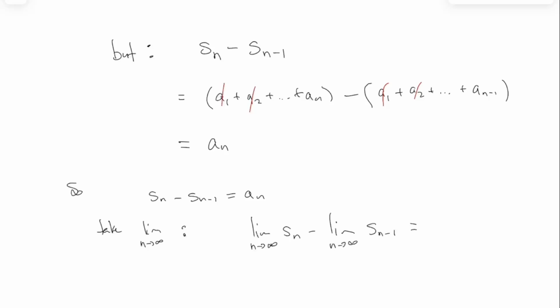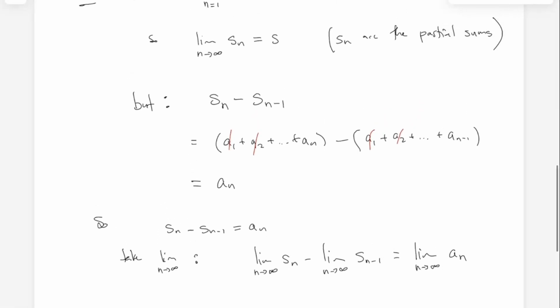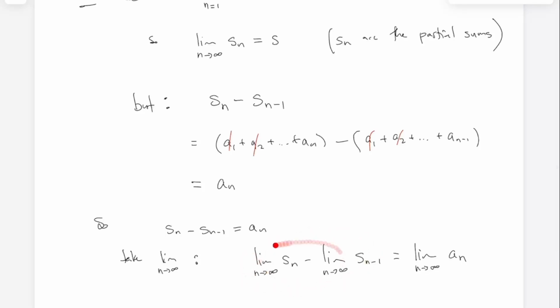That's one of the rules about limits. Equals the limit as n goes to infinity of an. I'm going to try and simplify what I see on the left side. The limit of Sn is S, right? So that's S minus. What is the limit of Sn-1?